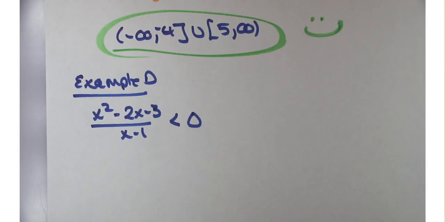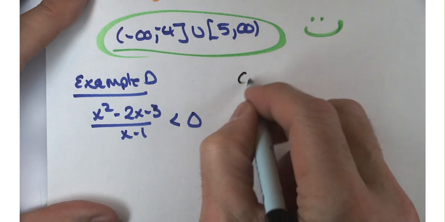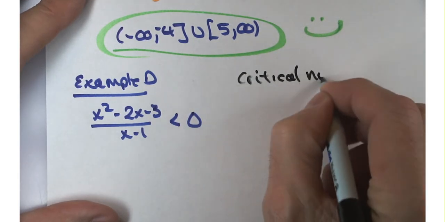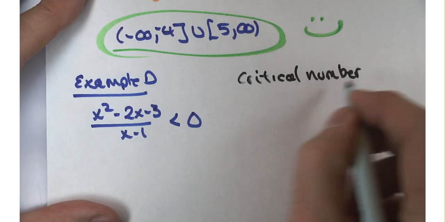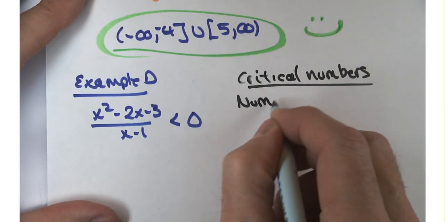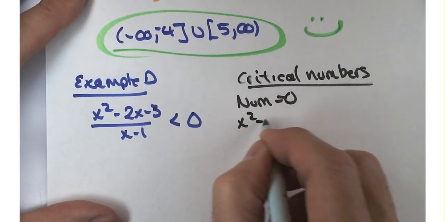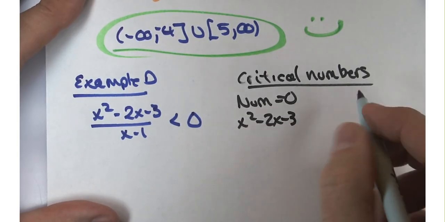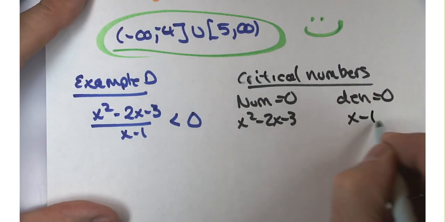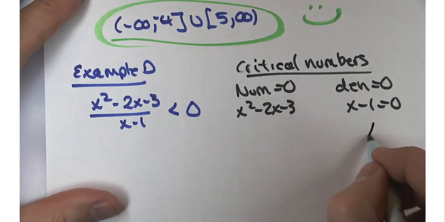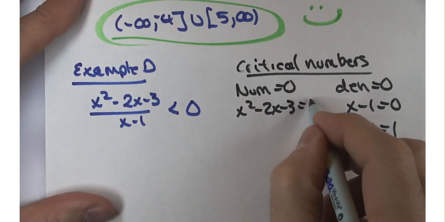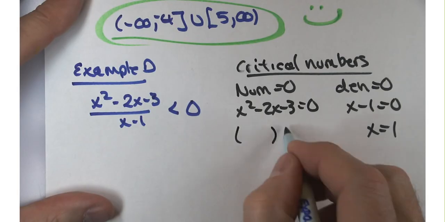Now you might remember for the critical numbers, for a rational expression, we've got to find where the numerator equals 0 and where the denominator equals 0. So the numerator equals 0, that's going to be x squared minus 2x minus 3. The denominator equals 0, that's just going to be x minus 1. Well, that one we can do right away. This one needs to be factored.